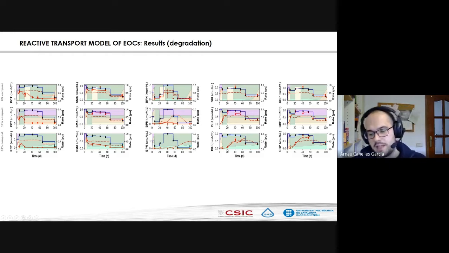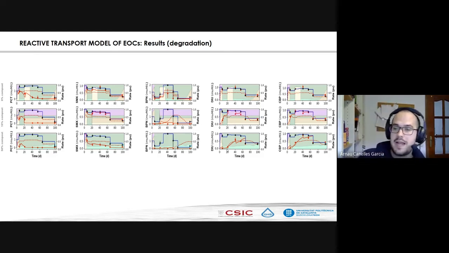This was because at some points in our column experiments, there was the need to take solid samples of the column. And when we took these samples, the inflow of the column was cut, the column was drained, and then the solid sample was taken.